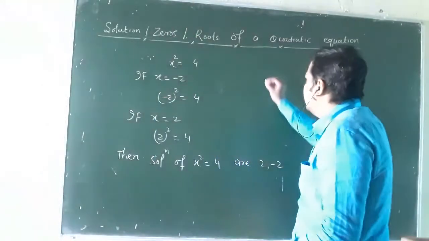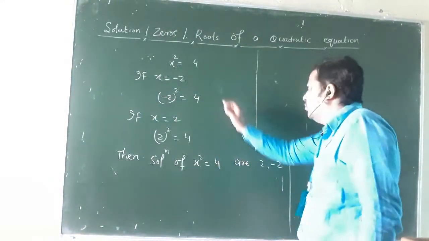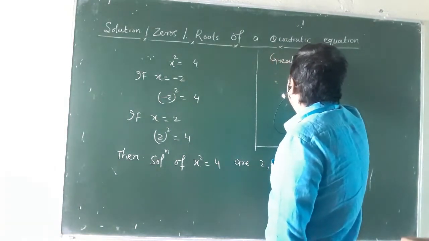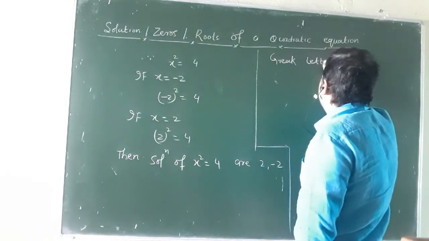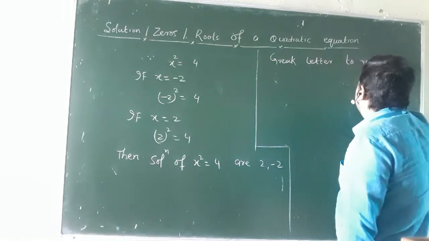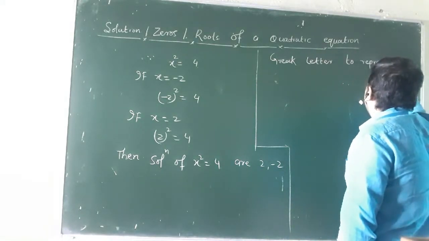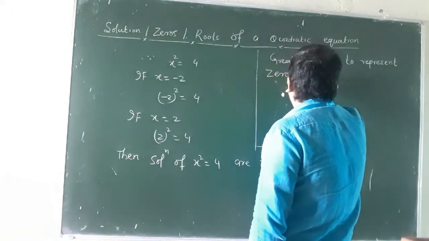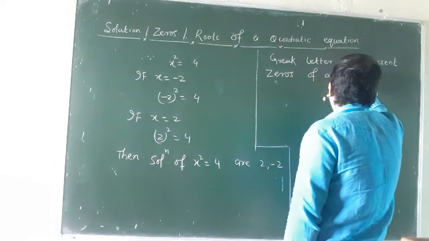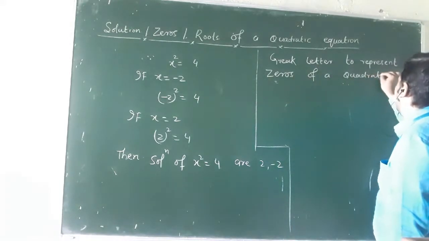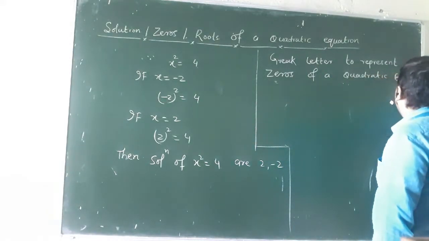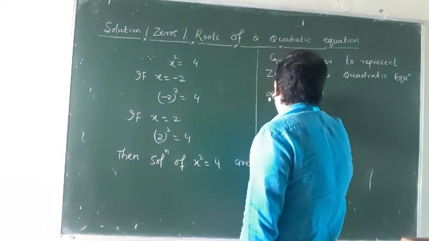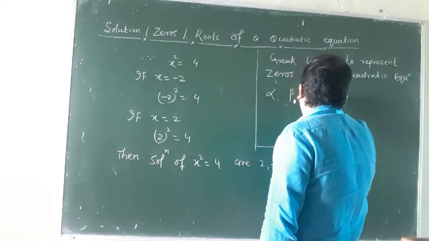There are symbolic Greek letters to represent the zeros of a quadratic equation. You can say alpha, beta, gamma, delta.